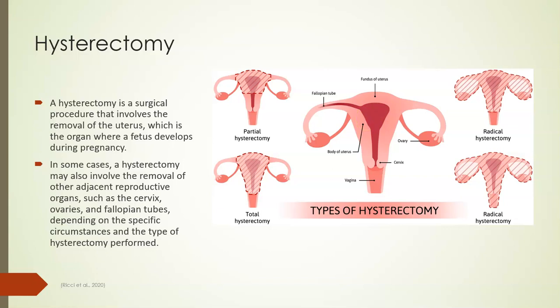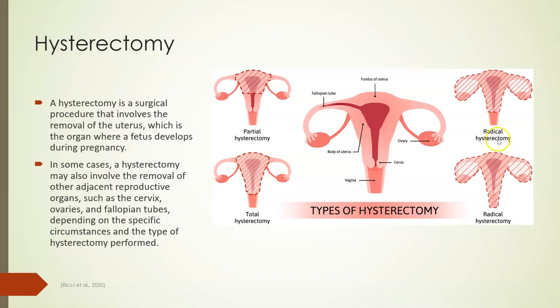So in some cases, a hysterectomy may also involve removal of other adjacent reproductive organs such as the cervix, the ovaries, and the fallopian tubes, depending on the particular circumstances. So let's look. You can see this is the uterus right here. In a partial hysterectomy, they remove the fundus and the upper part. In a total hysterectomy, they remove the entire uterus.